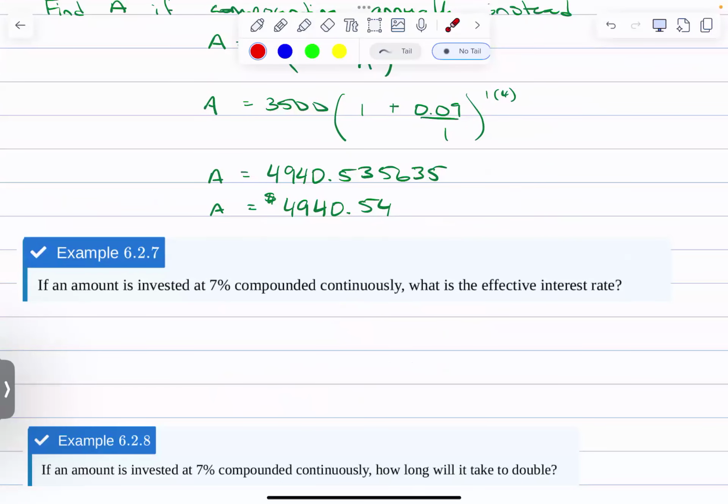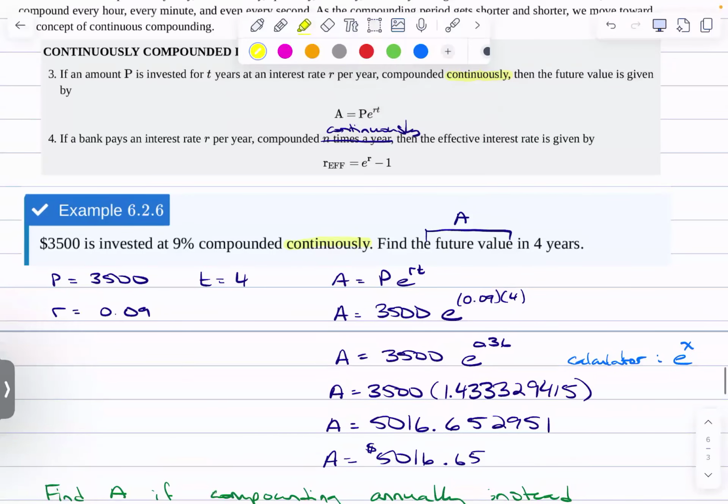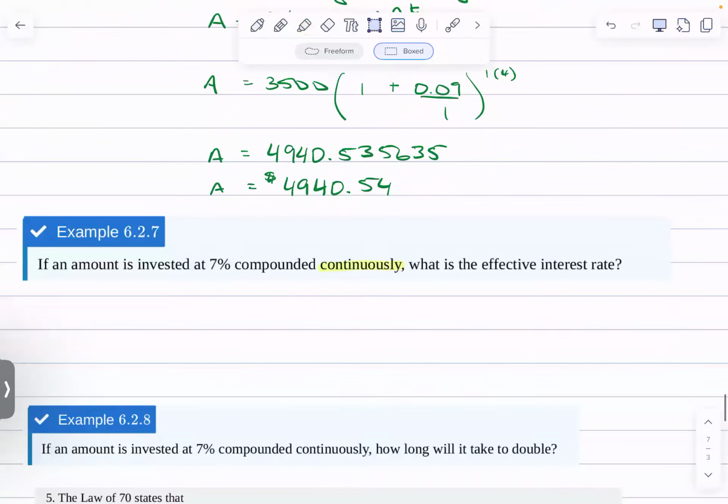If an amount is invested at 7% compounded continuously, what's the effective interest rate? So from this continuously, then we have the special formula, which I'm gonna snag here.